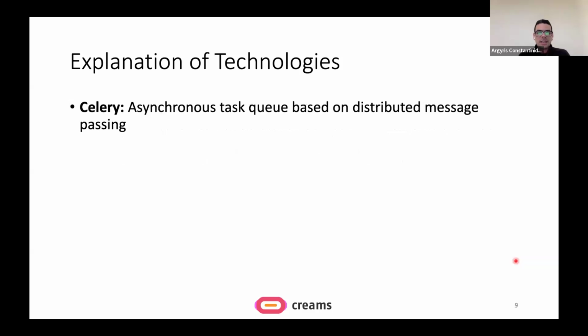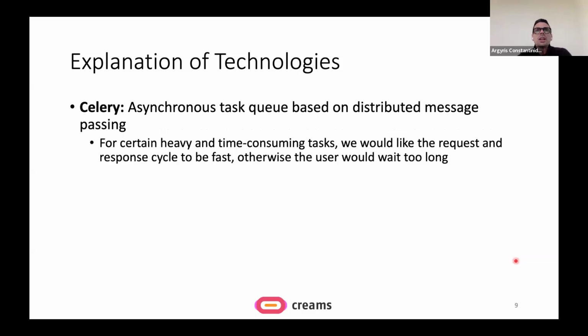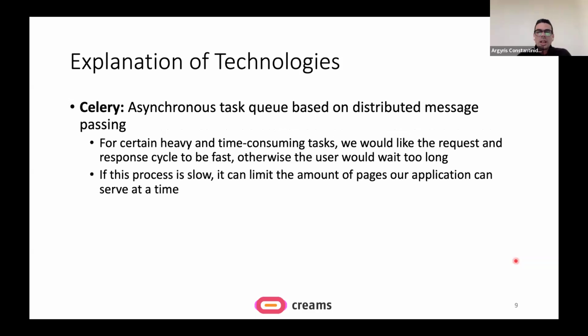Next, we have Celery. The reason we use Celery, this asynchronous task queue that relies on distributed message passing, is because we wanted to support some heavy or time-consuming tasks. And for this kind of tasks, we have to be able to respond back to the user or the client application as fast as possible and avoid blocking other incoming requests.